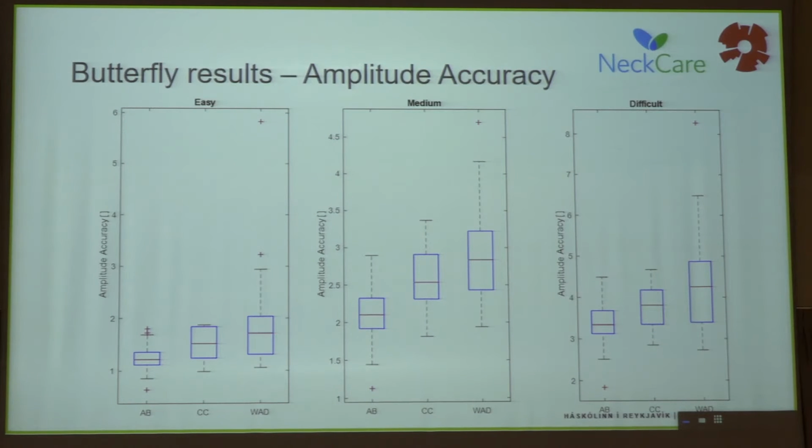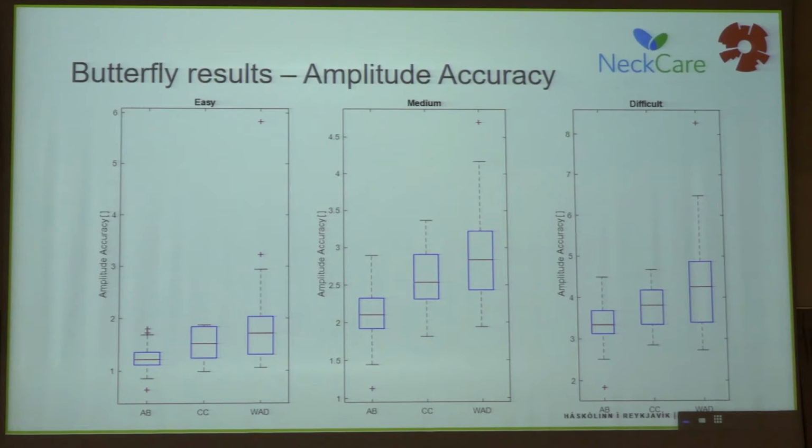Now, going a little into the variables I spoke about earlier. This variable called amplitude accuracy is the average distance between the target and the cursor. The lower this number is, the better. As you can see from the three curves, we have a statistically significant difference between the healthy and the whiplash group.